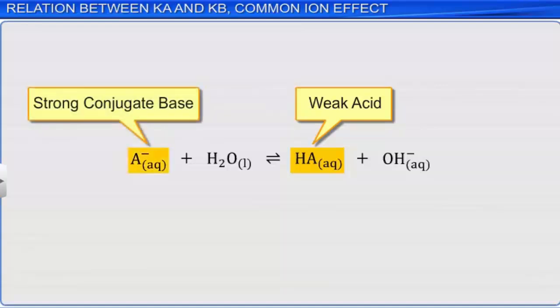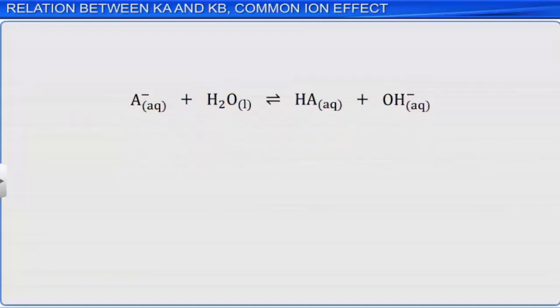The dissociation equilibrium of strong conjugate base A minus in water can be represented as A minus aqueous plus H2O liquid in equilibrium with HA aqueous plus OH minus aqueous. The base dissociation constant, Kb, for the dissociation of this base can be written as the product of concentration of HA and OH minus ion divided by A minus.